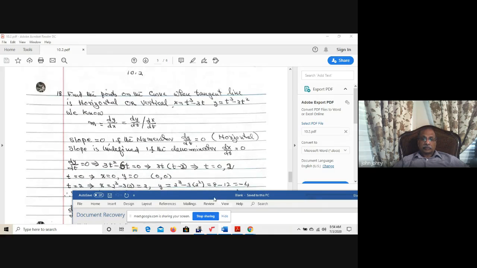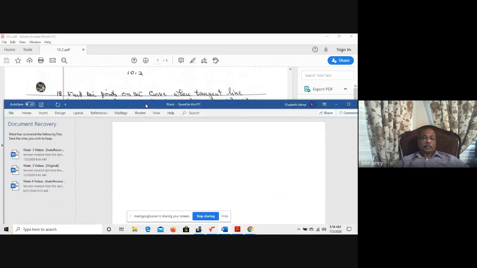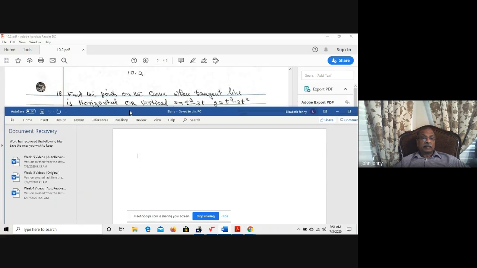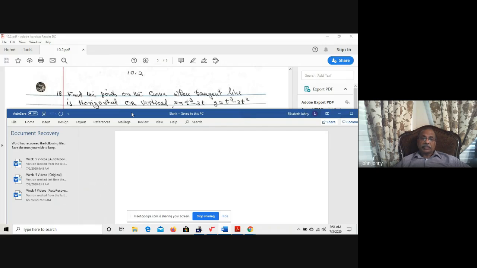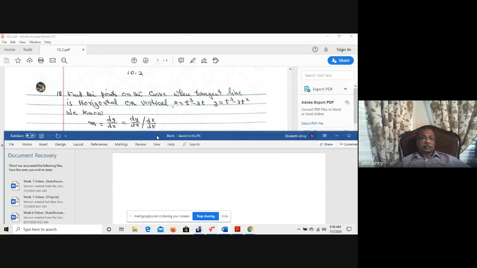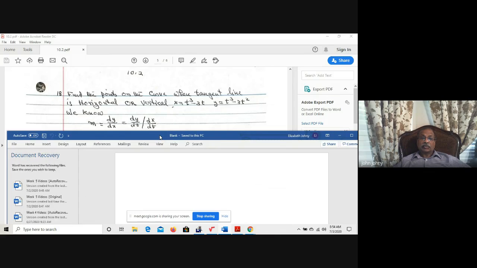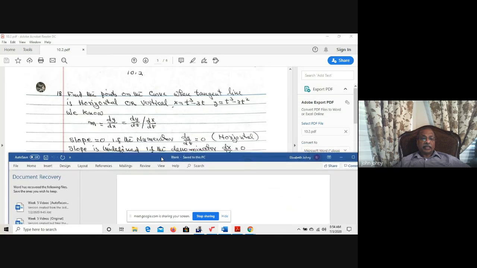Number 18. Find the points on the curve where the tangent line is horizontal or vertical. X is equal to t cubed minus 3t, y is equal to t cubed minus 3t square. So slope is equal to dy over dx, that is dy over dt, divided by dx over dt.